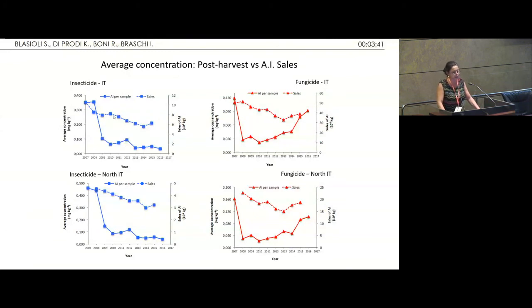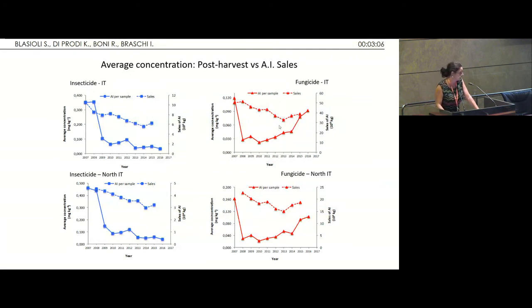So we are correlating sales, thousands of tons sold in Italy, with the average concentration found on the crops at pre-harvest. And it was quite interesting to observe that for insecticides there was quite a good correlation between the Italian sales and the average concentration at pre-harvest on crops, while for fungicides the correlation was not good.